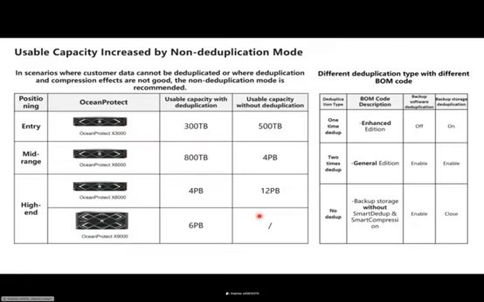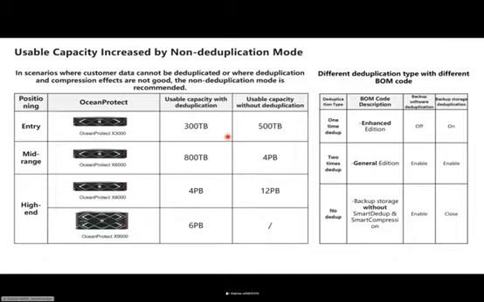And this table tells us that for some no-deduplication scenarios, which means the customer only wants to use the third-party backup software's deduplication feature, they will disable our deduplication feature on our storage hardware side.